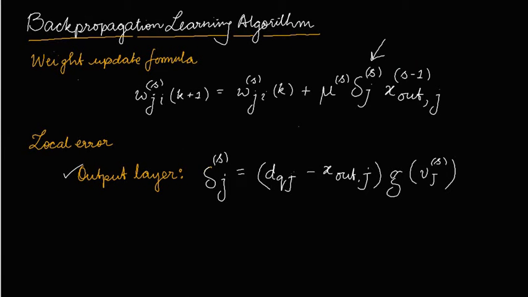So delta, or local error, at a given layer s, here this s will of course correspond to the output layer.